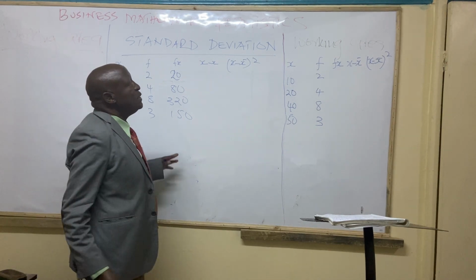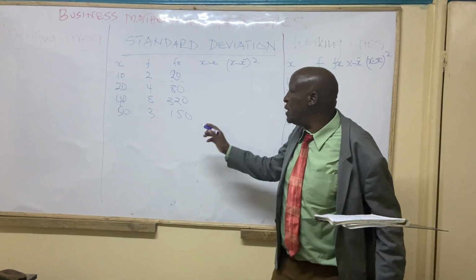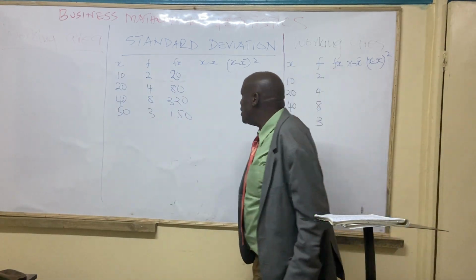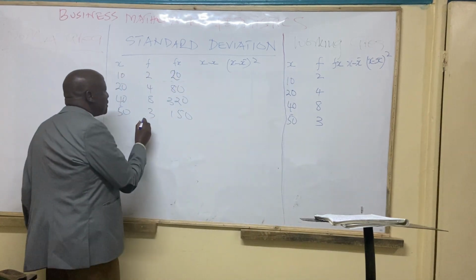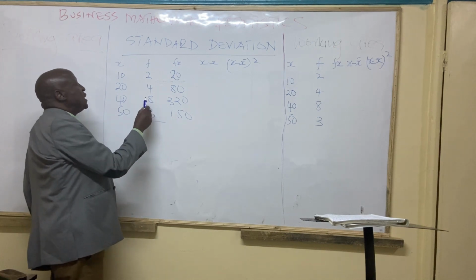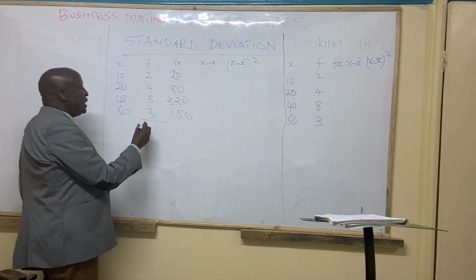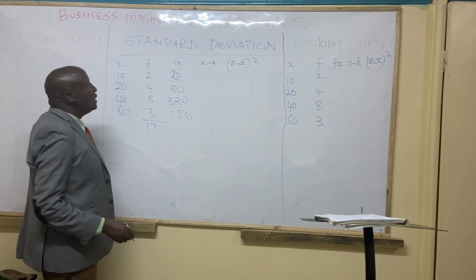And then we look for the mean from this data. So we first add the frequency. We say 2 plus 4 is 6, plus 8 is 14, plus 3 is 17.